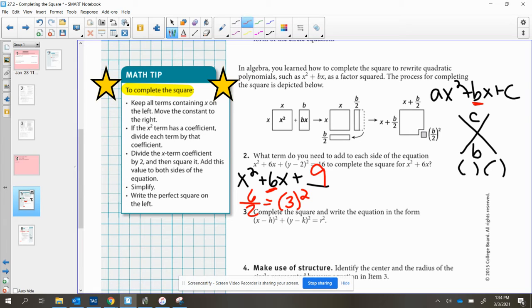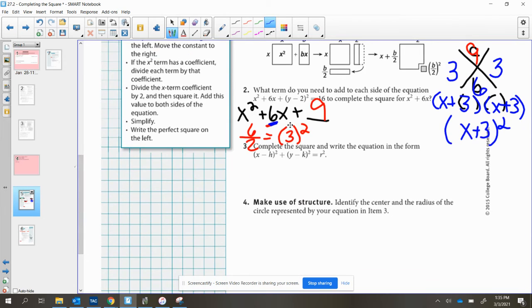Going back to what I was talking about earlier, what multiplies to be 9 and adds to be 6? Well, that would be 3 and 3, so that would be x plus 3 and x plus 3 if we put it in the factored form. Well, x plus 3 can just be written as quantity squared since there are 2 of them.